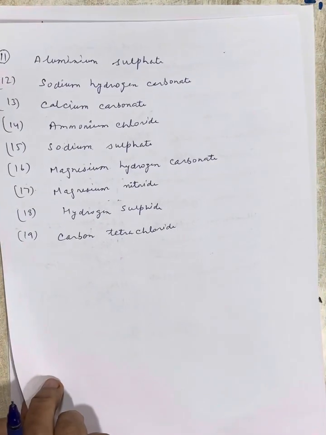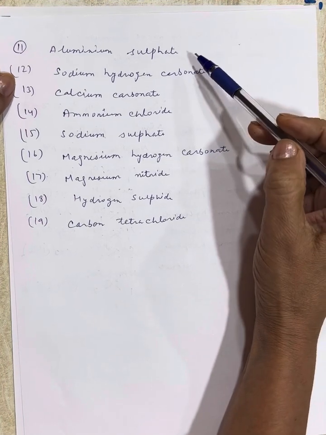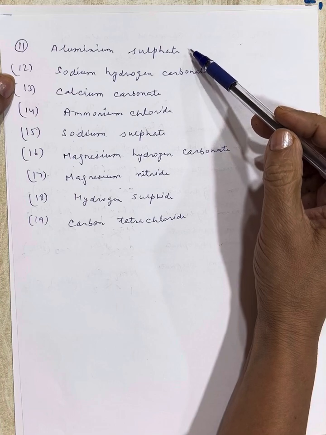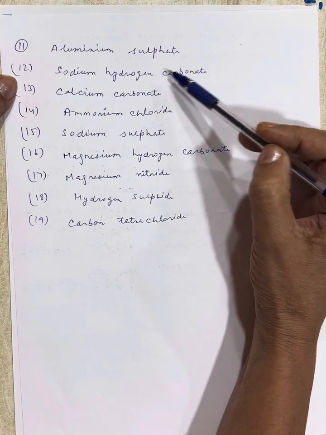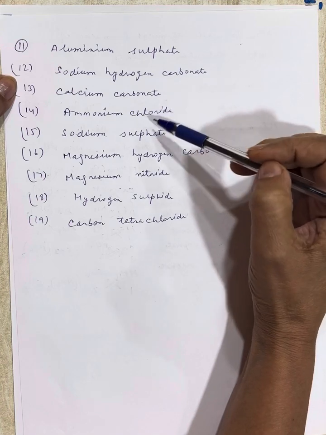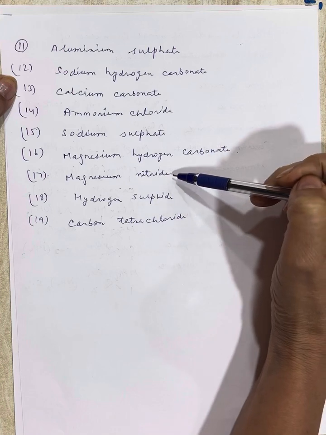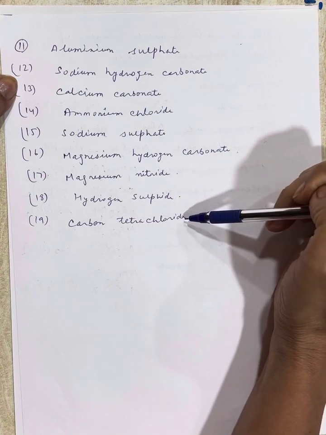I have written a few more for your reference, and you can note them down and write the chemical formula of compounds like ammonium sulfate, sodium hydrogen carbonate, calcium carbonate, ammonium chloride, sodium sulfate, magnesium hydrogen carbonate, magnesium nitride, hydrogen sulfide, and carbon tetrachloride.